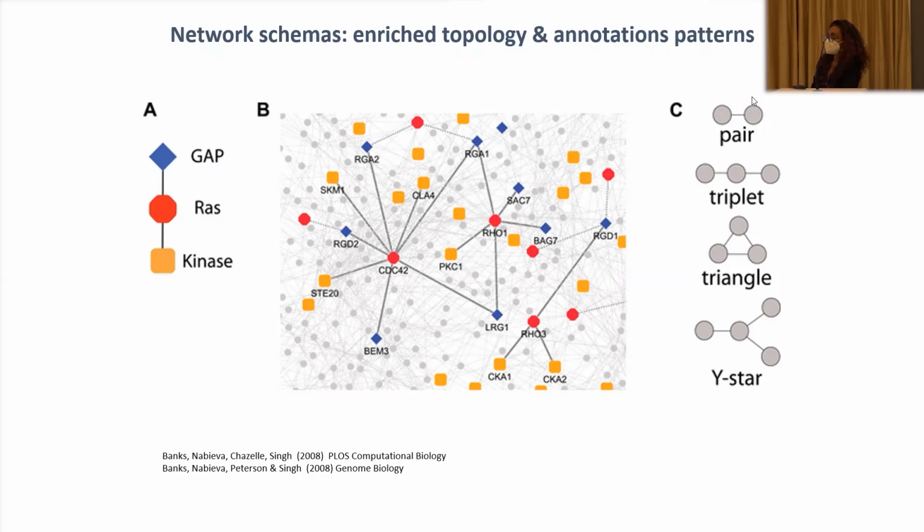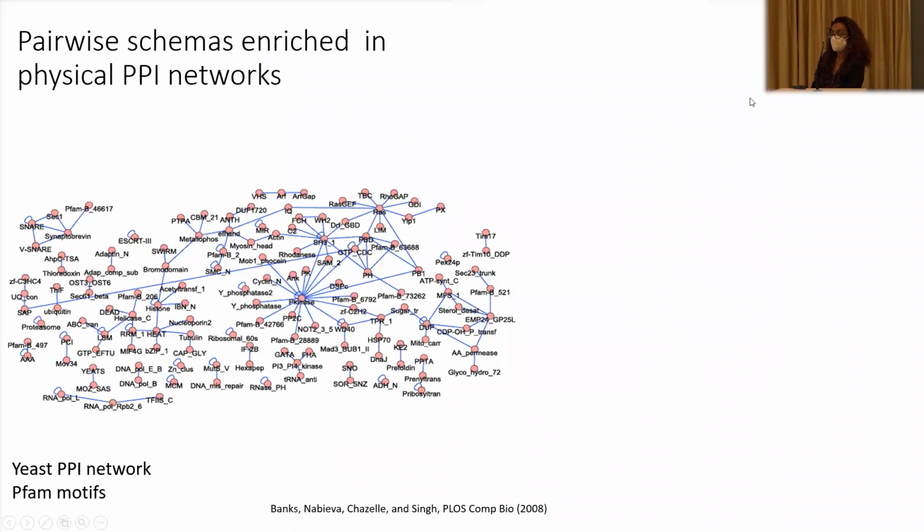At the pairwise level, it's clear there are many of these common patterns that you'll see when you look at any biological network. In this particular example, it's looking at the yeast protein interaction network, and it's looking to see pairs of PFAM domains that are enriched in these networks.